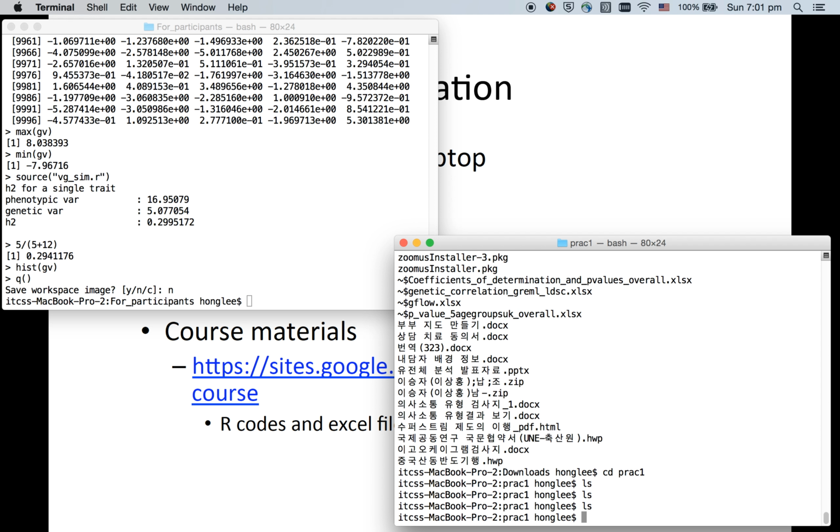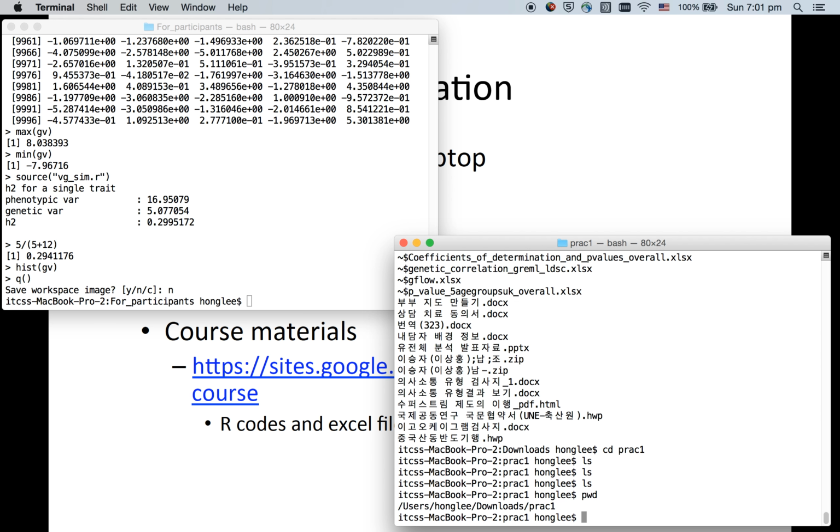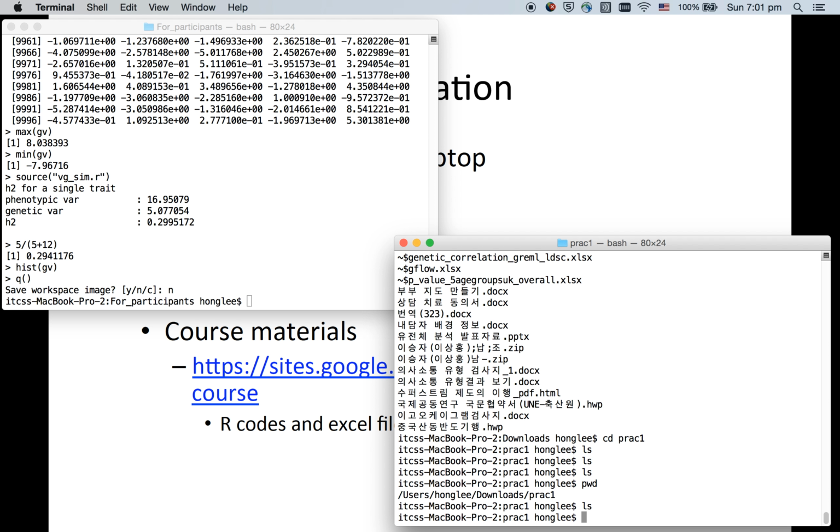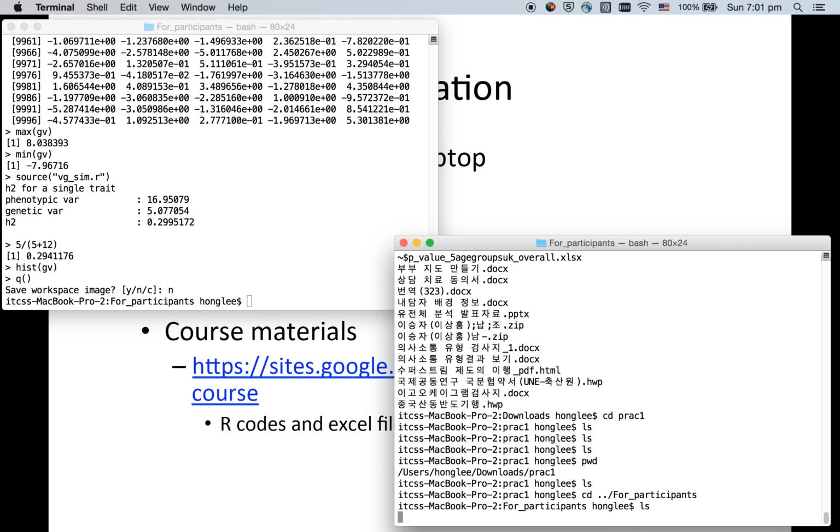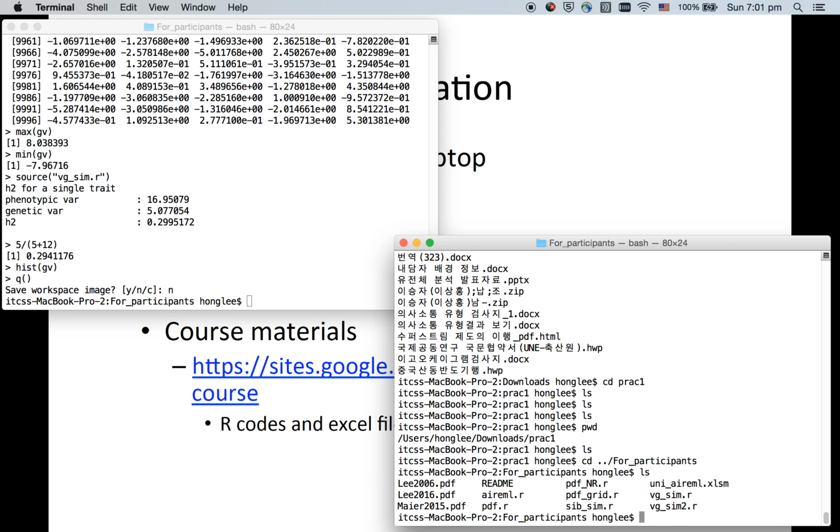This is the folder where I downloaded the file and unzipped it.